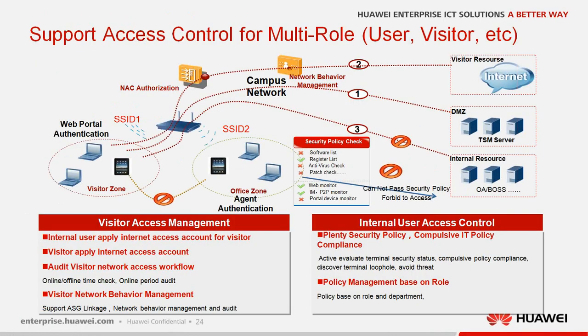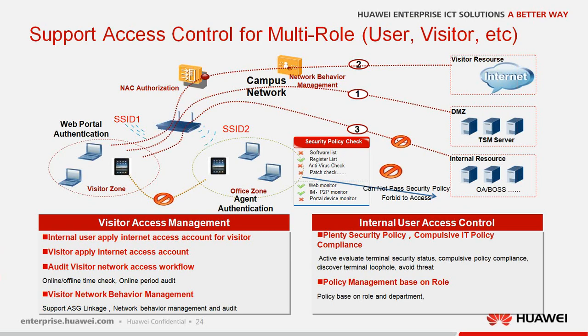Here is another neat feature from the Huawei WLAN product, role-based access control. We can classify the user as a guest or a visitor, or put them into different user groups. So when a visitor comes into the enterprise and logs into the network, he only gets visitor privileges.